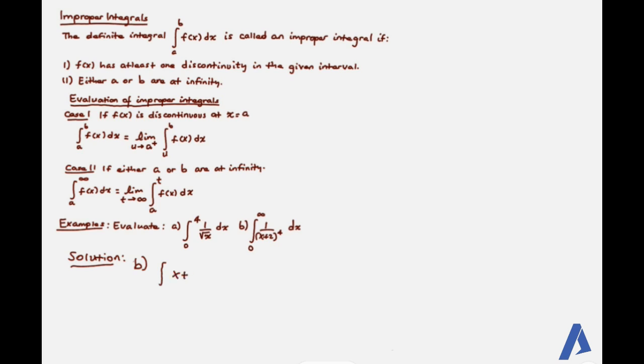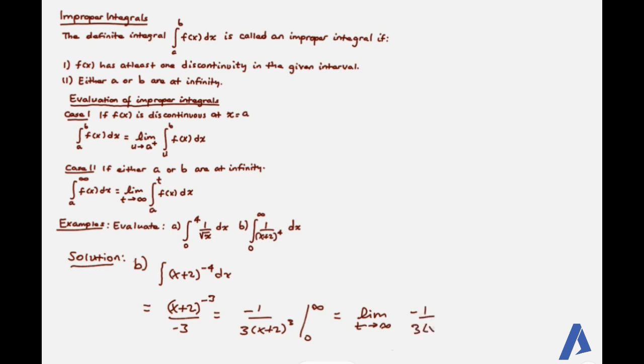ለ b the same way መጀመሪያ ኢንተግራሉን ኢቫሉዌት እናደርጋለን። this is the same as saying x plus 2 the power of minus 4 with respect to x. ስለዚህ ኢንተግራሉ minus 1 over 3 times x plus 2 the power of 3 ይመጣል። ስለዚህ this is the same as saying the limit as t approaches to infinity እንበለውና minus 1 over 3 into x plus 2 the power of 3.